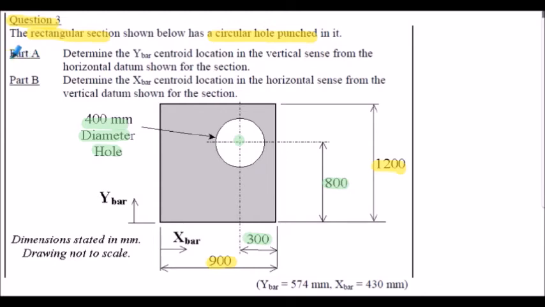So part A wants us to determine the Y bar location for the centroid, and part B wants to calculate the X bar location.